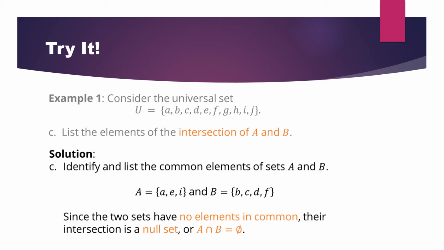So A intersection B is equal to null, or an empty set. There are no common elements found in both set A and set B.